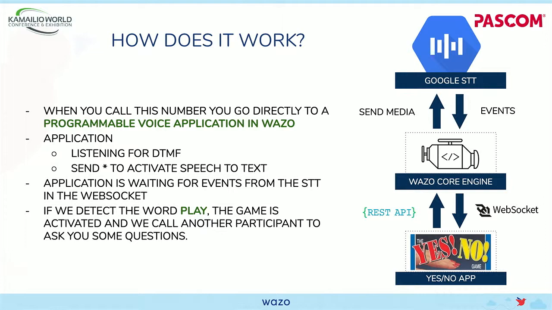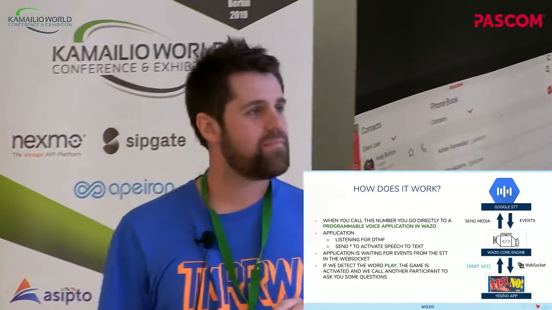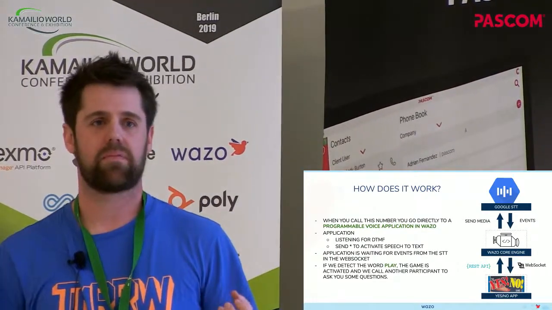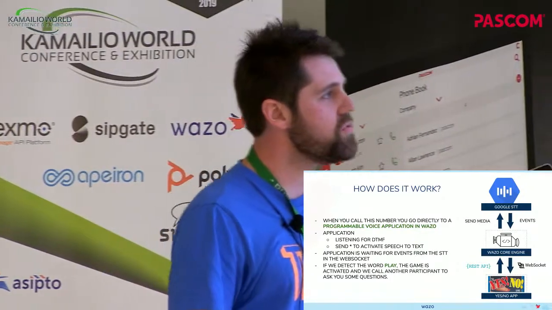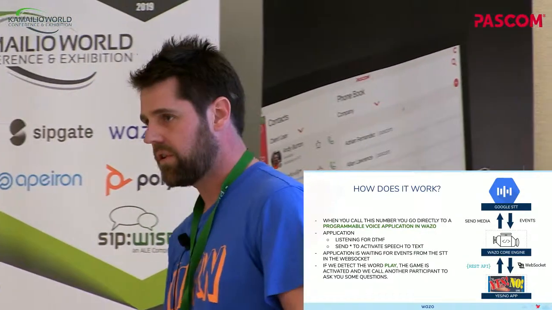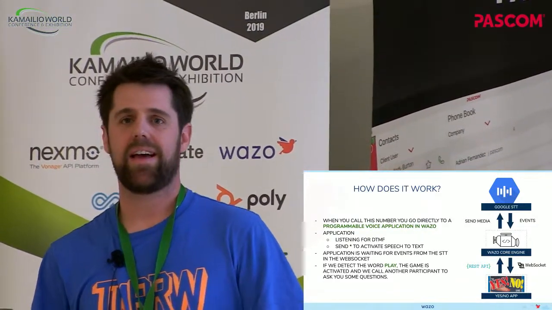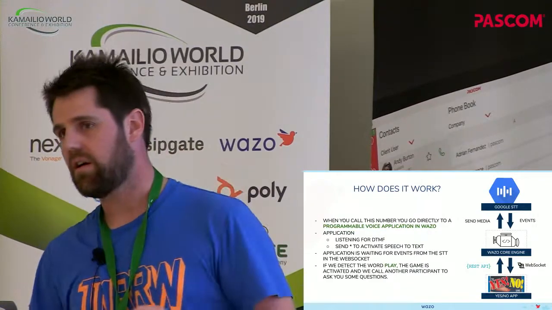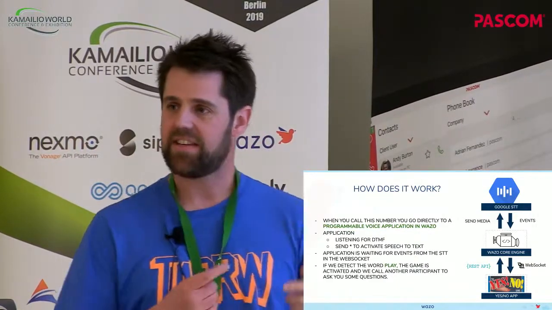But the new thing, and that's why I want to send star to activate speech to text, is we added to Asterisk a module to get the voice call in real time on a WebSocket. So when you send a star on your phone, we catch the DTMF and we launch a REST API on our engine to activate it on Asterisk on a specific channel to get the voice.